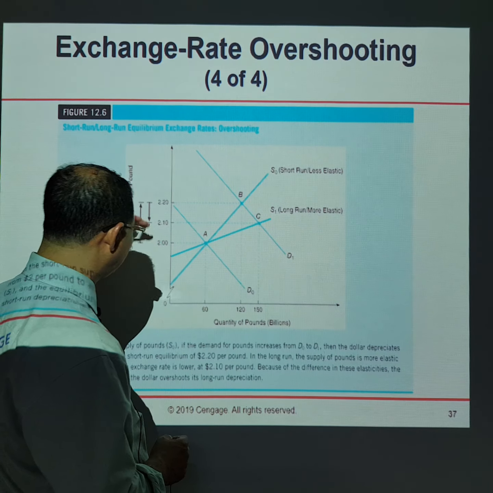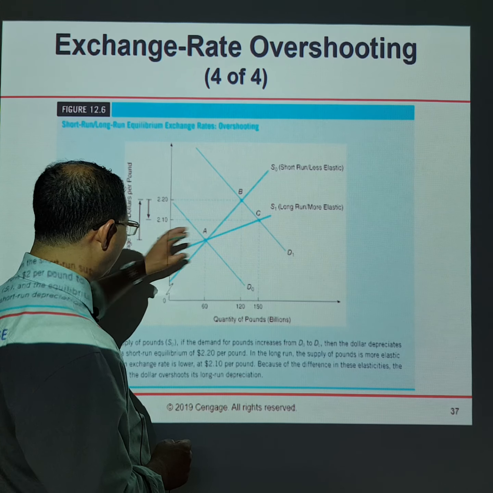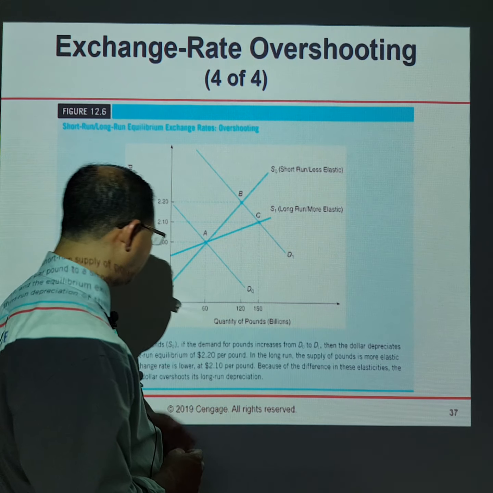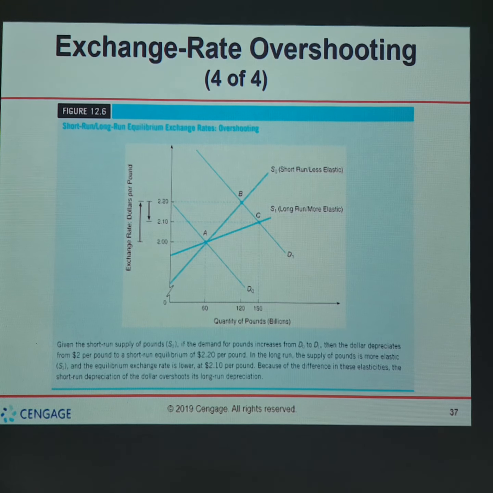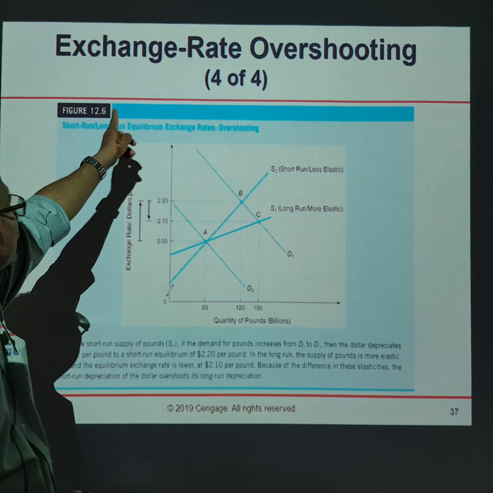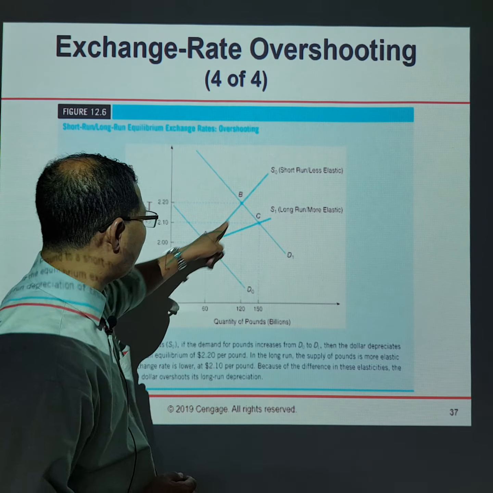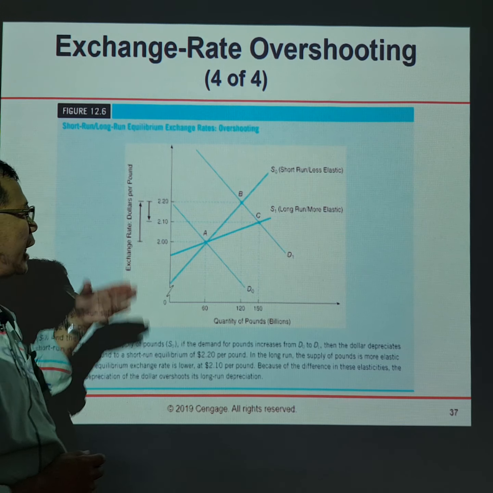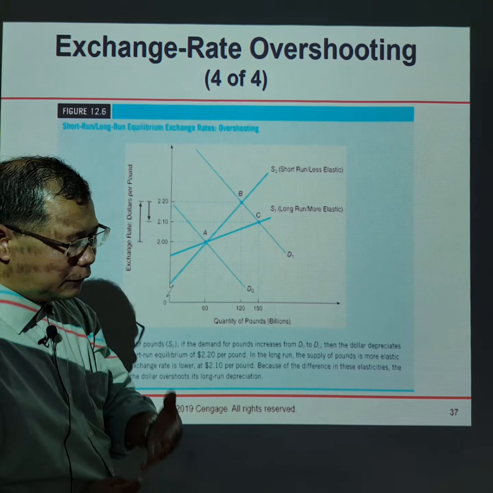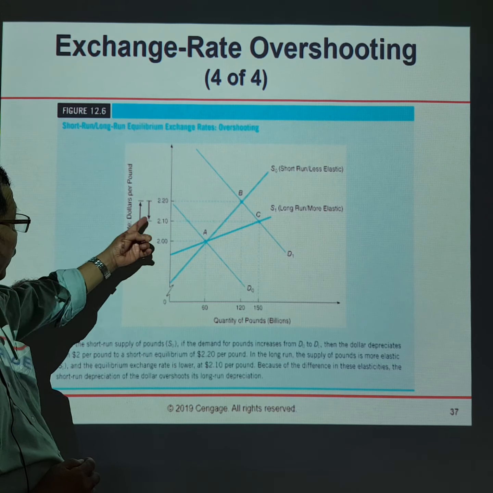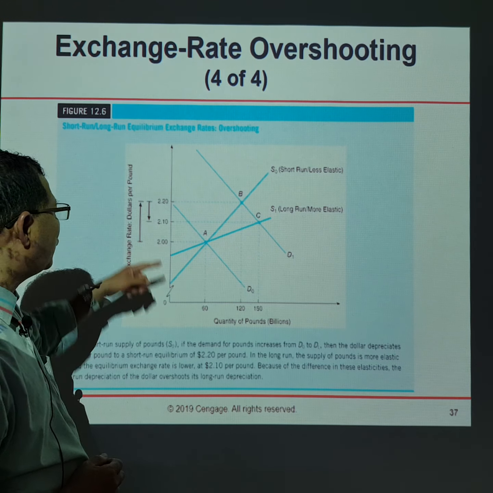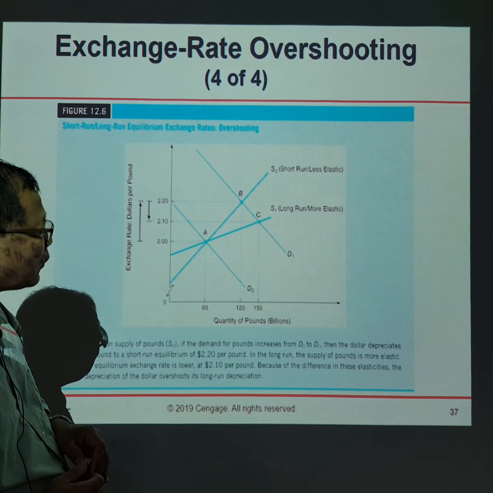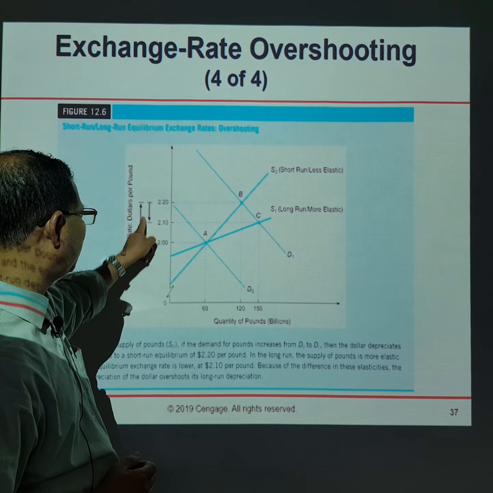So in the long run, it's going to follow the long run pattern. So this explains to us what is overshooting, exchange rate overshooting. In the short run, there's going to be overshooting of exchange rate, either appreciation or depreciation. Here we're seeing depreciation overshoots the long-term trend.